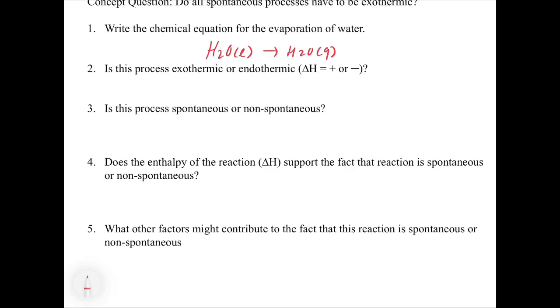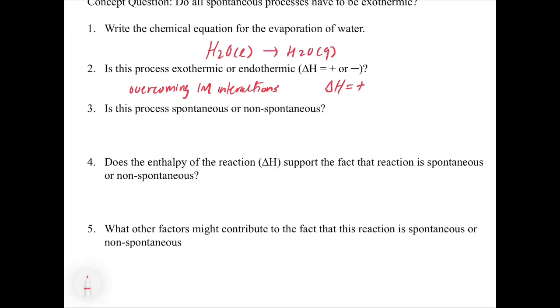So what we're doing when we evaporate or boil water is pulling the molecules apart. The delta H has got to be positive, meaning to get water to evaporate into the gas phase, we have to overcome the intermolecular interactions and separate the molecules into a phase where they're not interacting with each other anymore.